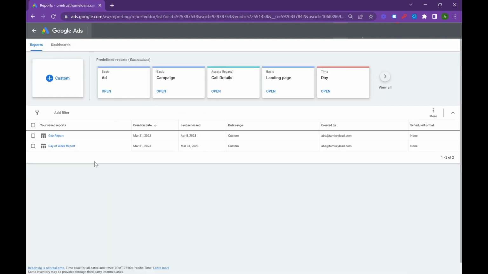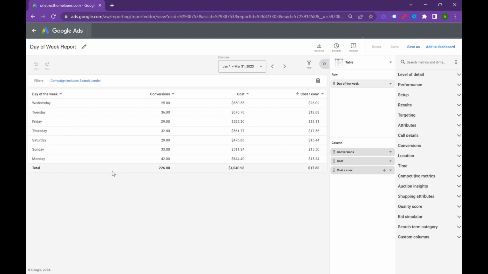Okay, so the next optimization really comes down to time of day reports. So we built out a time of day and a day of week report. And what this report does is it tells us, okay, out of all the days of the week, what is driving the most cost, what is driving the best conversion rate, and the lowest cost per conversion, right? And so what we're able to do is go directly back into the campaign using this report and say, hey, Wednesdays are expensive.